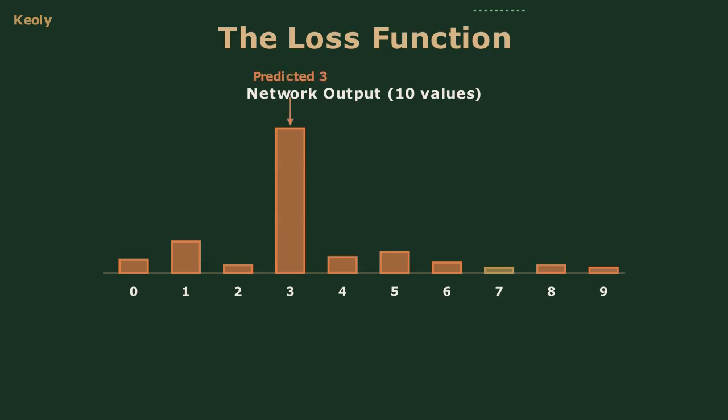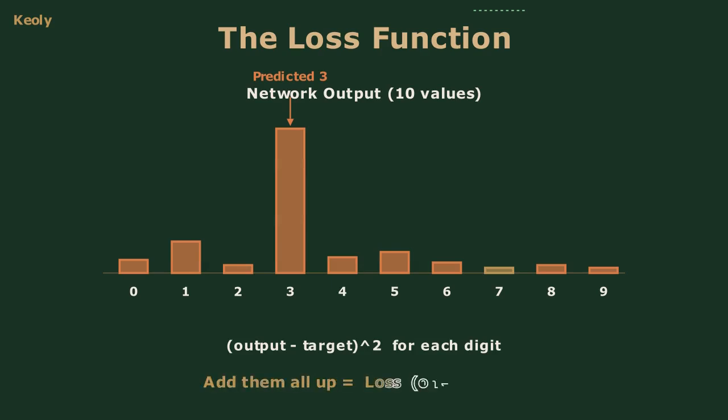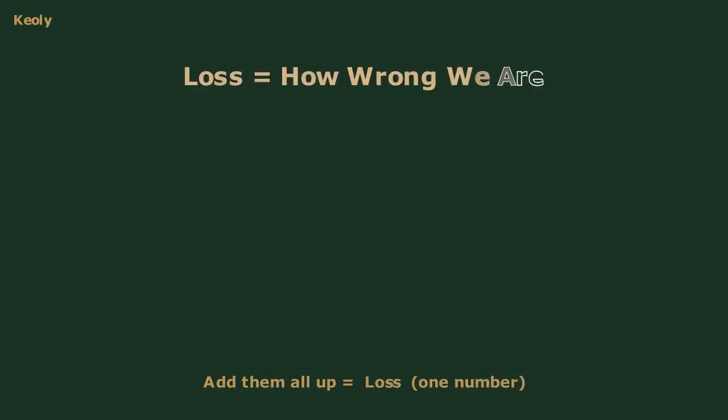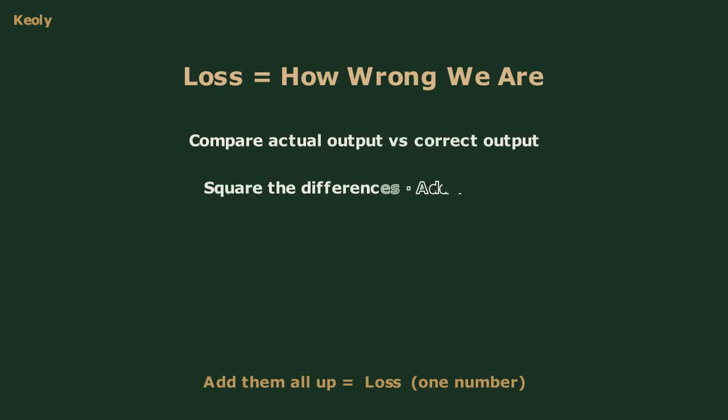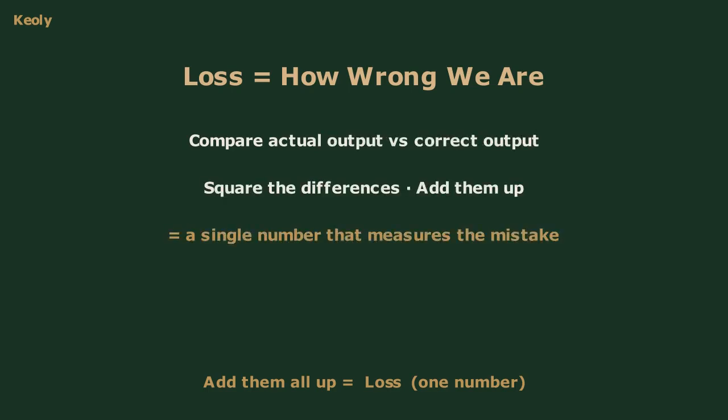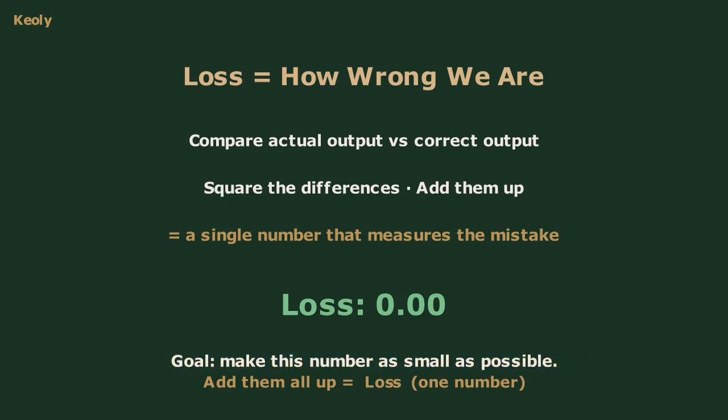We compare what the network said to what it should have said. We square the differences. We add them up. That single number, the loss, tells us exactly how wrong the network was on this one example. A loss of 0 means a perfect prediction. The higher the loss, the worse the guess. The entire goal of training is to make this number as small as possible. Not just for one image, for millions of images.